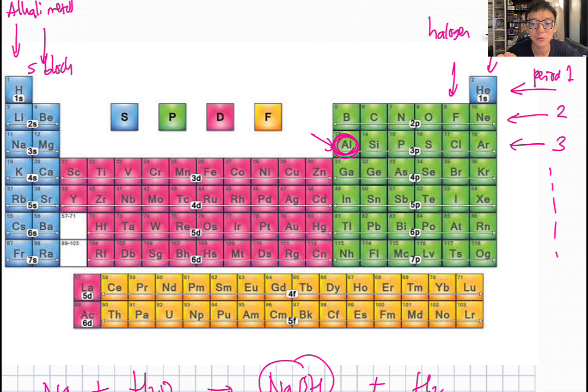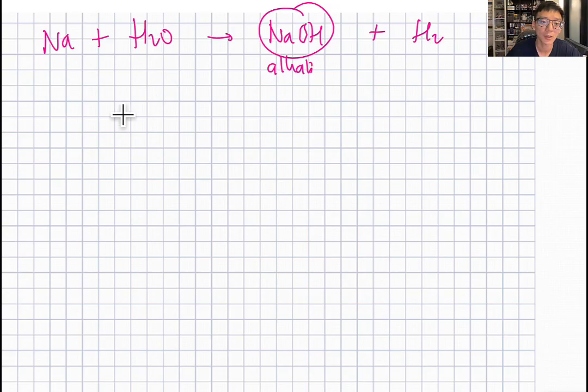So now I would like to discuss some periodicity properties, because there are some increasing and decreasing trends of physical-chemical properties of these atoms, and we need to discuss them according to the IB syllabus. So the first physical property that we need to discuss is atomic radius.